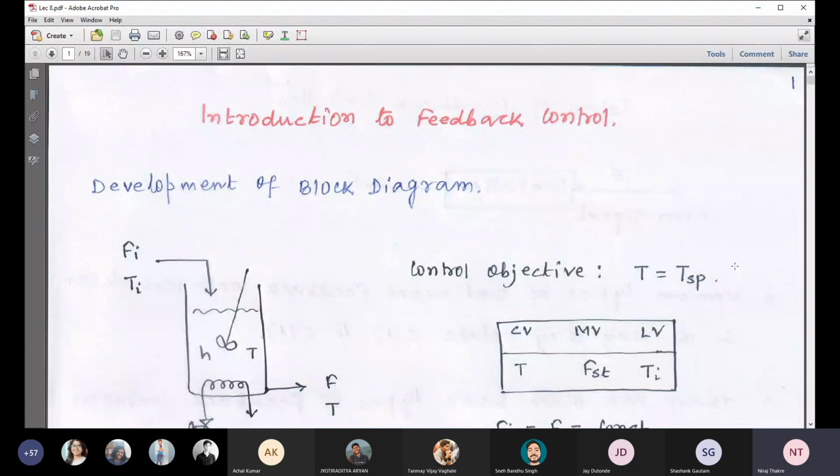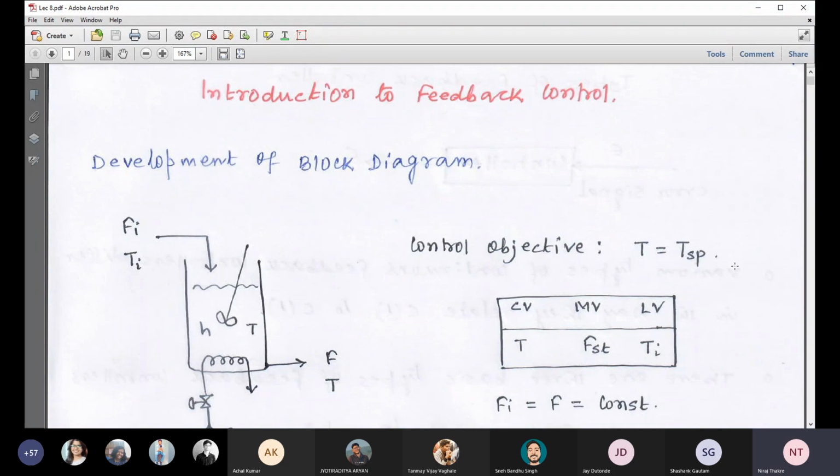Now to discuss this feedback control scheme, first we want to know how we can develop the block diagram for a process with feedback controller. That is our first topic of discussion under this title.